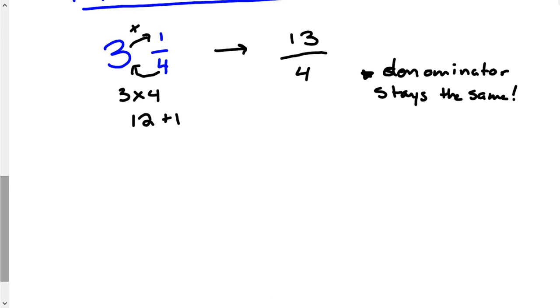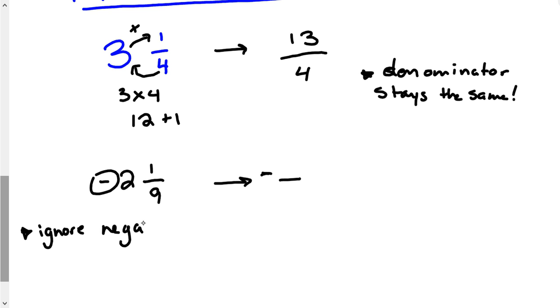And then let's say there was a negative out here, like -2 and a ninth. This negative, I don't even worry about it. I just throw it out for now, and I know it's going to be in here after. So I kind of just get rid of it. I'm going to put, ignore the negative when calculating the numerator.